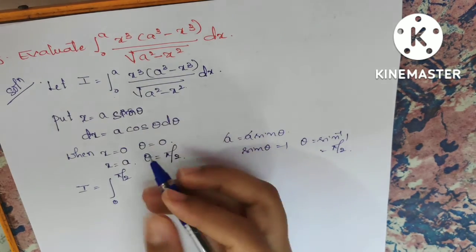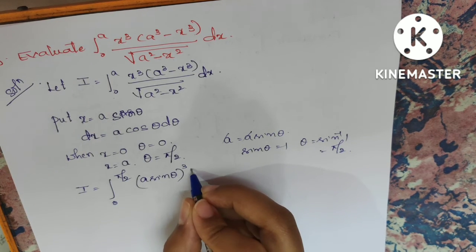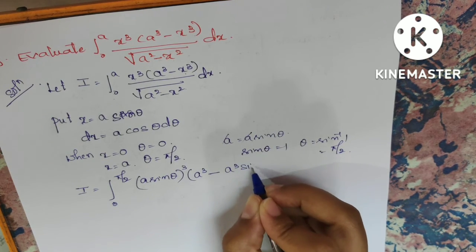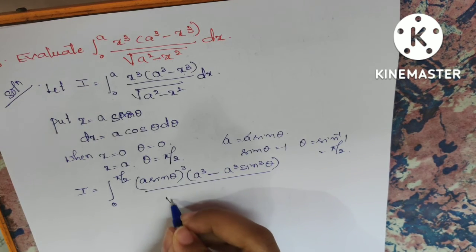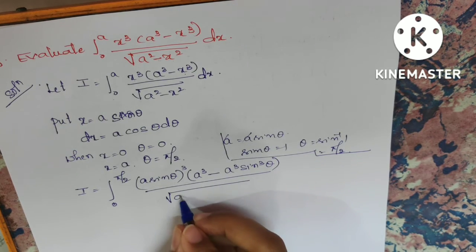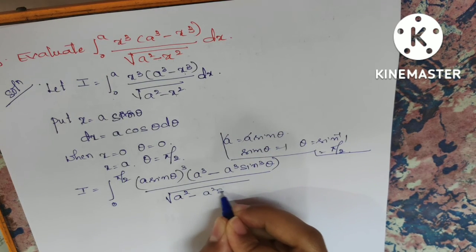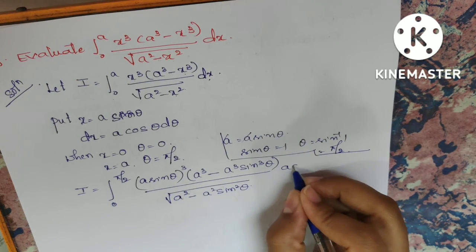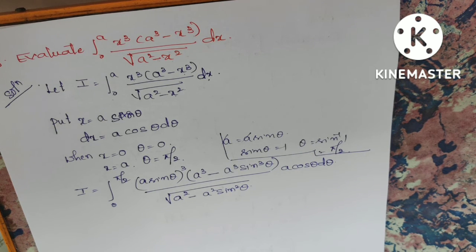So in place of x we have to write (a sin theta) whole cube, a cube minus x cube is a cube sin cube theta, divided by square root of a square minus x square, a square sin square theta, into dx is a cos theta d theta.